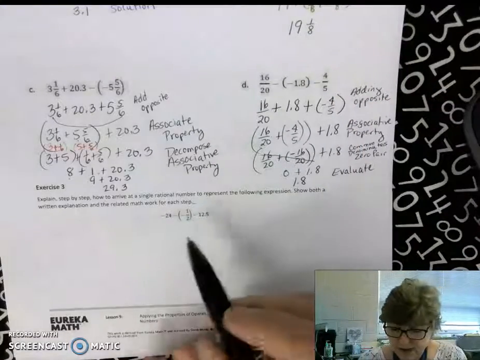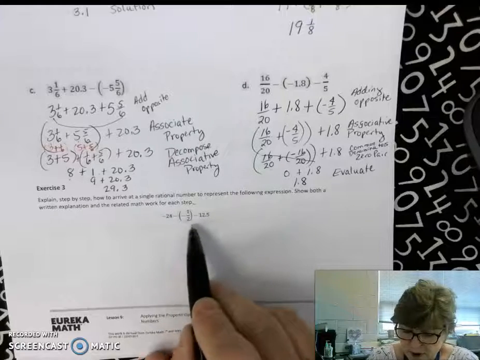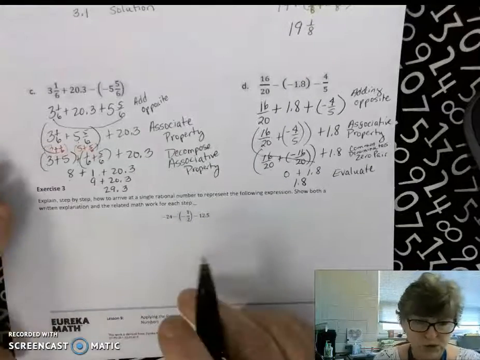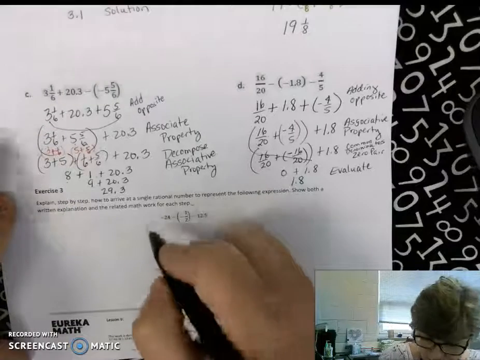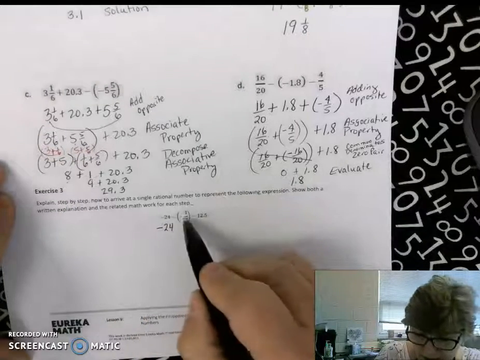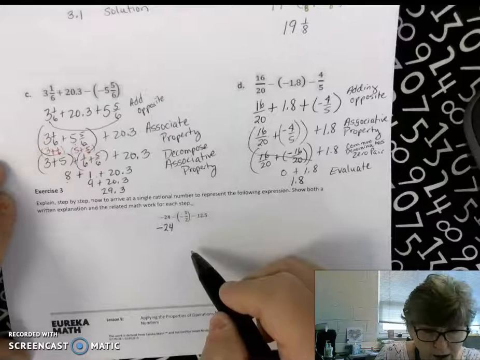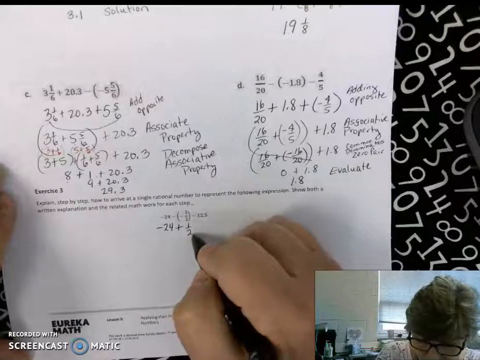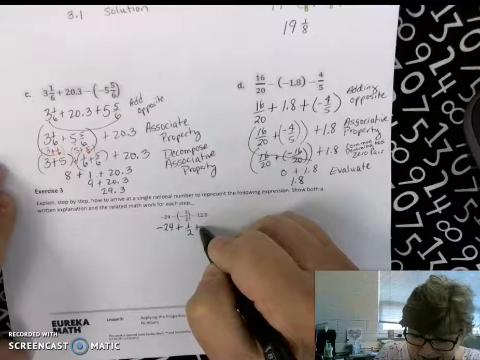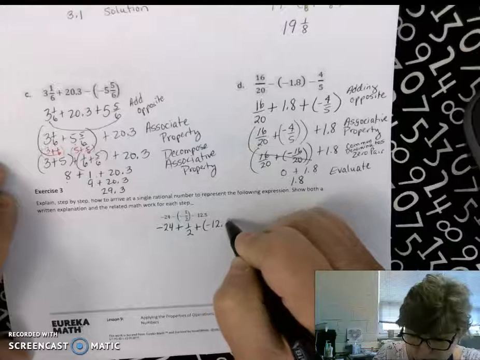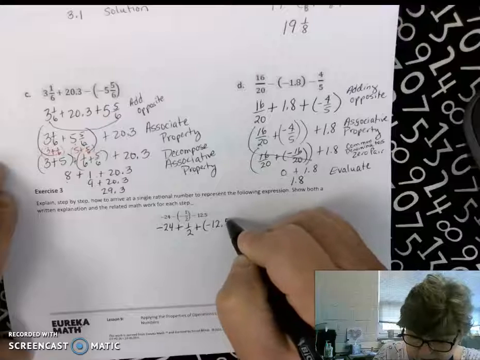My first step is going to be to take this problem and immediately see I've got some subtraction going on. So I'm going to add the opposites. Negative 24. Adding the opposite of a negative half would be plus 1/2. And then adding a negative 12 5/10.